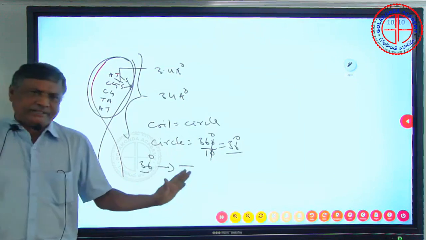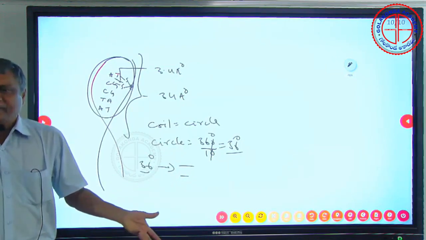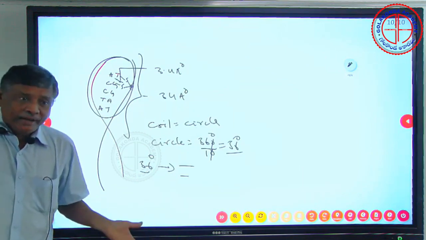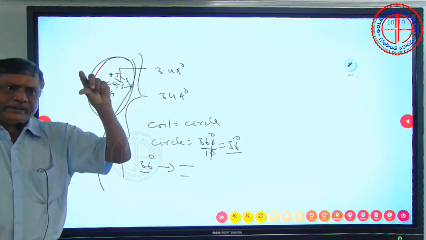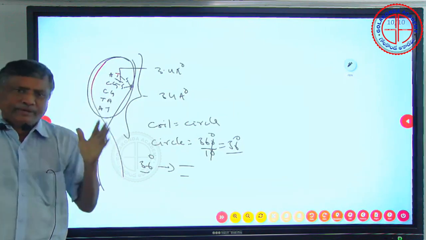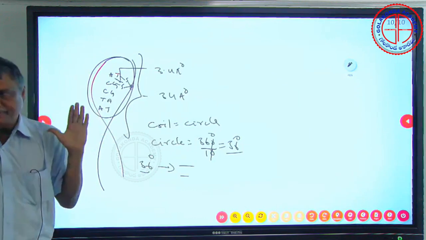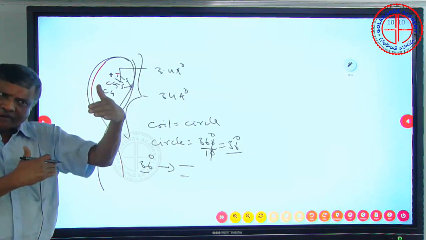How many degrees? 36. What is the length of the coil? 34 angstroms. Length between two nucleotides? 3.4 angstroms. Between two helicals? 20 angstroms. Between two helicals, 20 angstroms. Between two nucleotides, 3.4 angstroms.